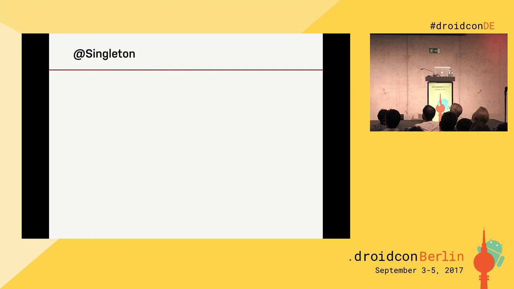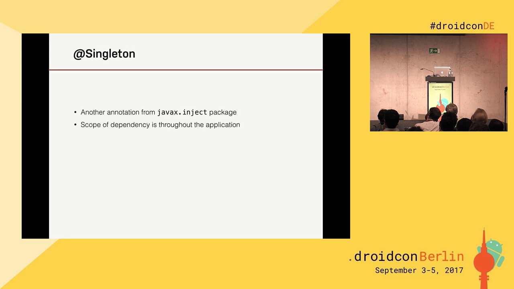So firstly, we'll visit the singleton scope. As you all know, this is another annotation from the javax.inject package. So this singleton annotation is also a general standard. The scope of this dependency is throughout your application. Your dependency will live through the whole lifetime of your application.